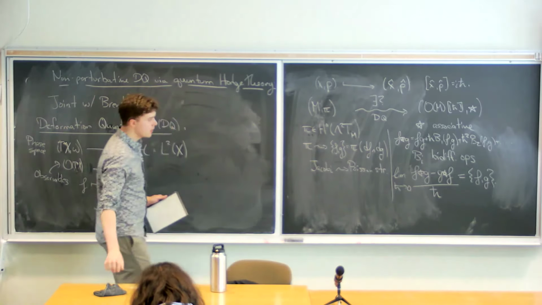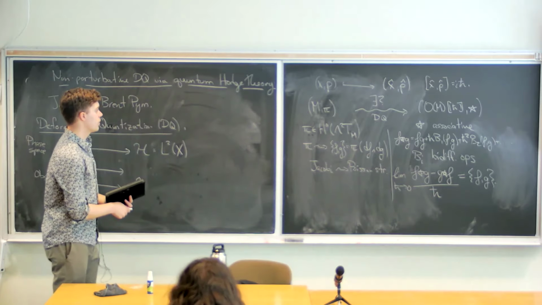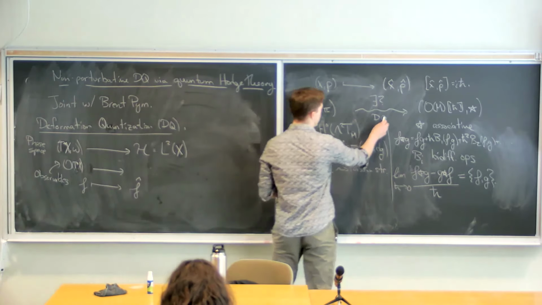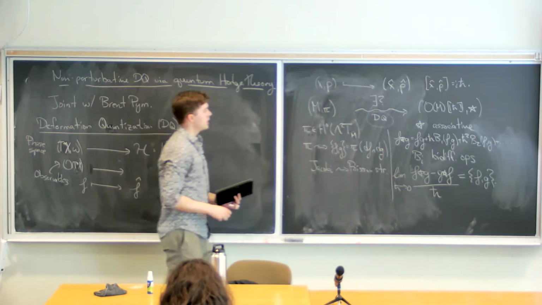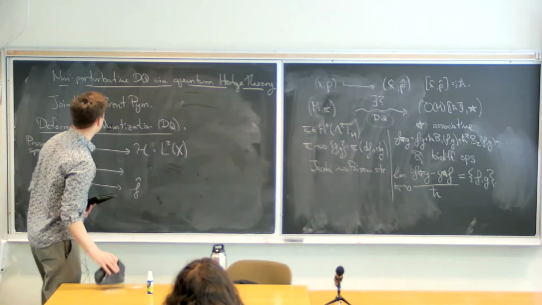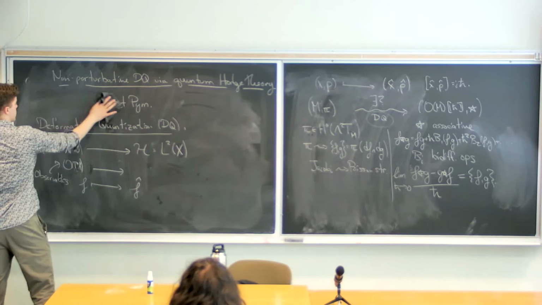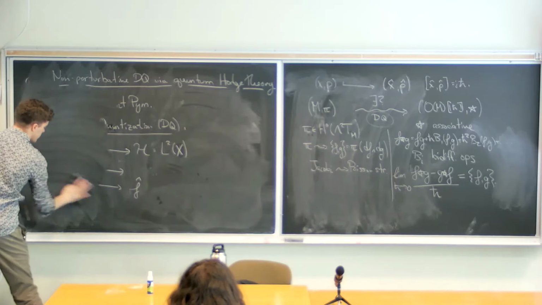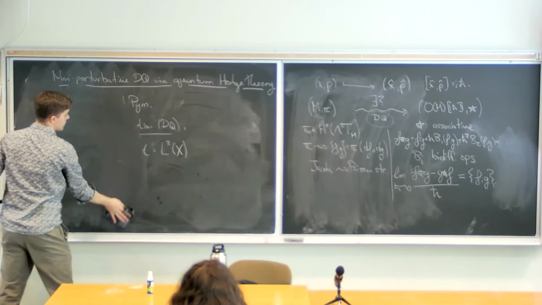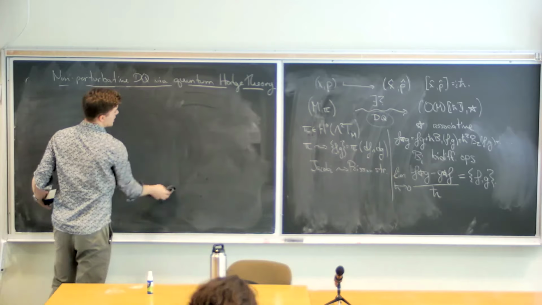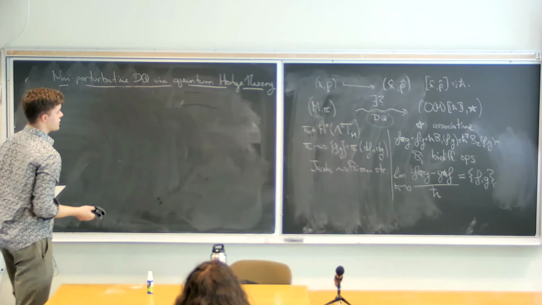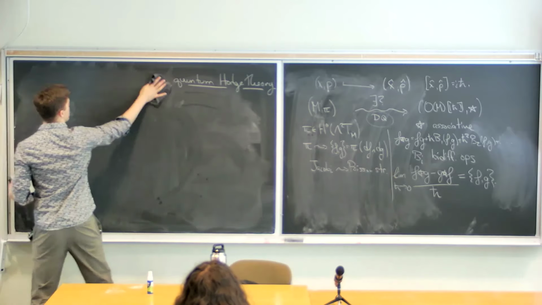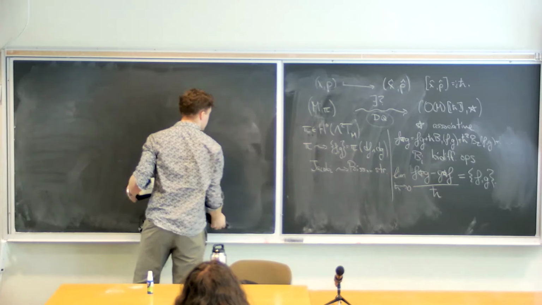Okay. So this is what I'll mean by a deformation quantization. If someone hands you a Poisson manifold and you're able to produce one of these deformations of the algebra of functions on the manifold, satisfying these conditions, then you win. So that's the goal.